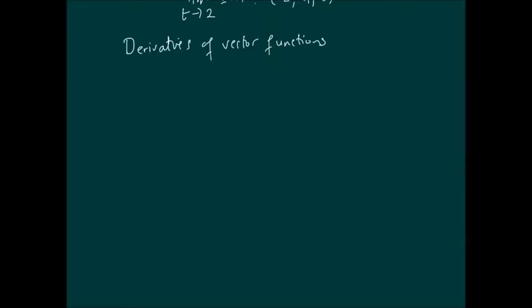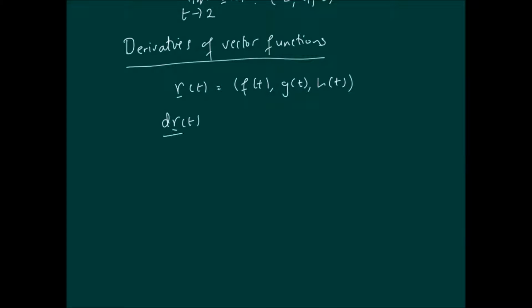Of course, again, it continues from the fact that if r(t) is f(t), g(t), and h(t), then clearly the derivative of this vector function, dr/dt, which can also be, and more likely we would use this notation, r'(t), is equal to f'(t), g'(t), and h'(t). So please keep in mind that there are no new rules of differentiation that apply to each of these functions.